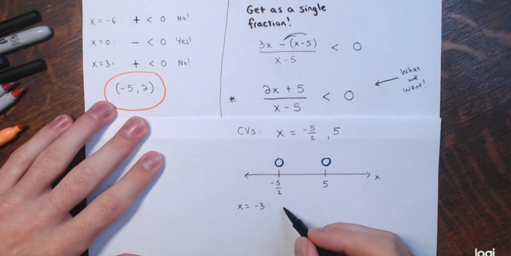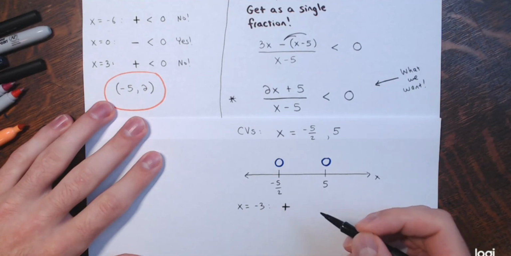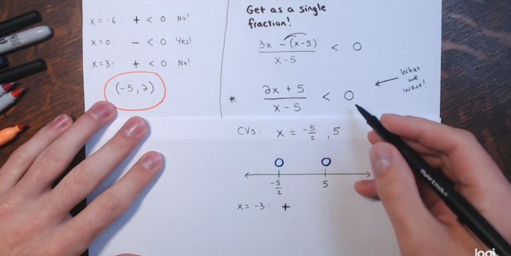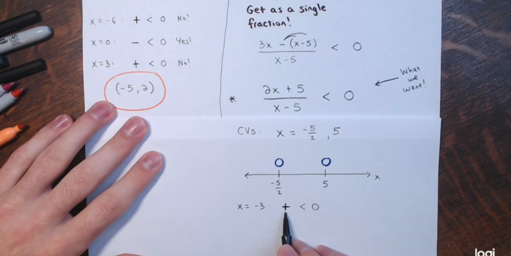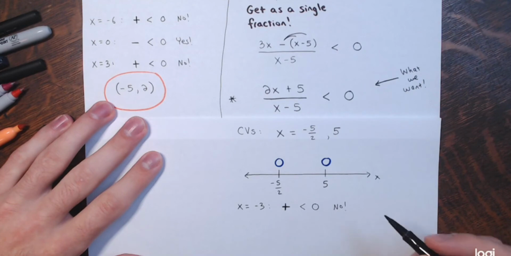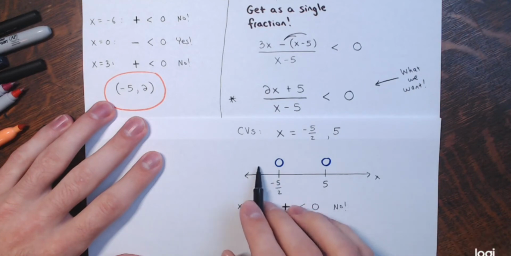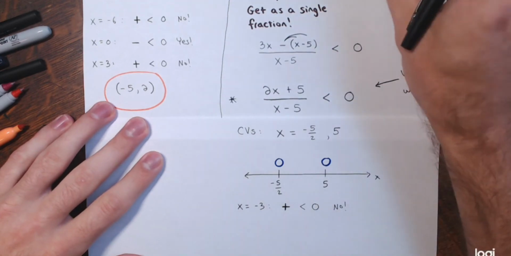So you have a negative divided by a negative, which means the number on the left would be a positive. And then you have is less than 0. And is a positive number less than 0? No. So this interval to the left of negative 5 halves, I'm going to leave blank. There are no solutions there.